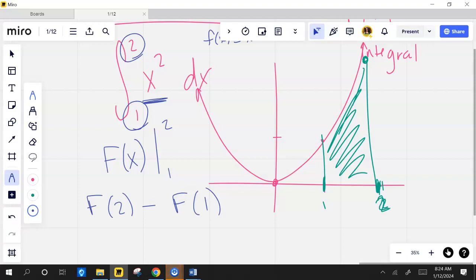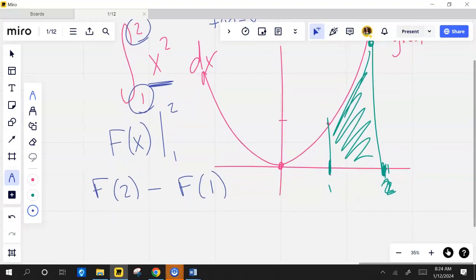What's the antiderivative of x squared? How do we find it? You found derivatives, go backwards with that. So add 1 to the exponent, right? Remember that? So if I found the derivative of that, would I be back to x squared?